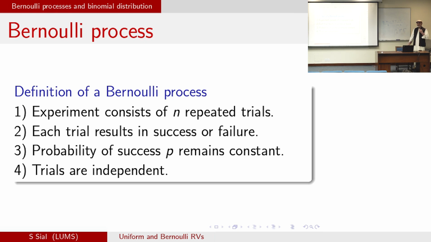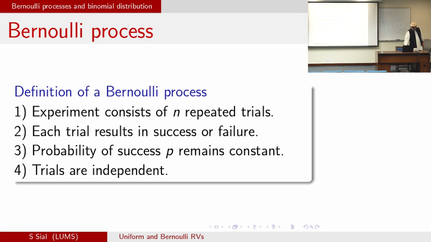There are two possible outcomes, traditionally called success or failure. The probability of a success we call p. The probability of failure, q equals 1 minus p. And these p's and q's remain constant from trial to trial, and the trials are independent.